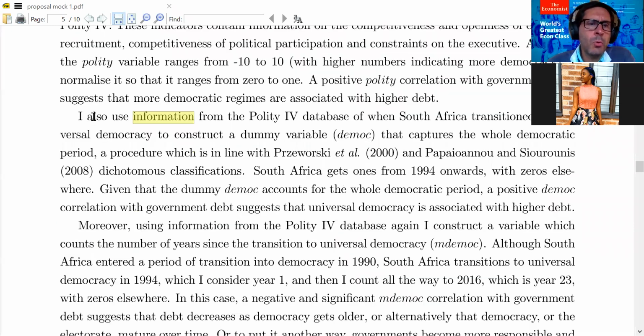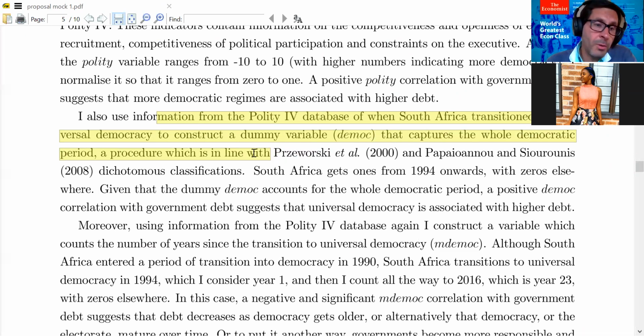Then what else I do? I also use information from the Polity4 database of when South Africa transitioned to universal democracy to construct a dummy variable, which I call DMOC, that captures the whole democratic period, a procedure which is in line with Persvorsky and colleagues, and Papaioannou and Siourounis, 2008, dichotomous classifications. South Africa gets 1 from 94 onwards with zeros elsewhere.